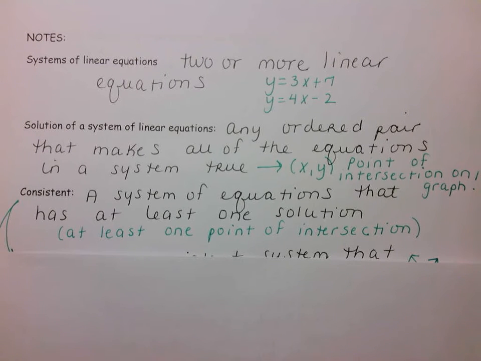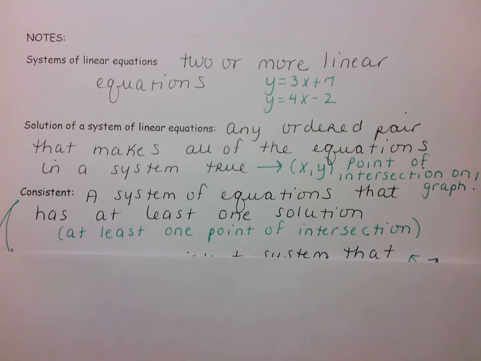So a system can be consistent or it can be inconsistent. A consistent system is a system of equations that has at least one point of intersection. So a consistent system is a system of equations that has at least one solution.